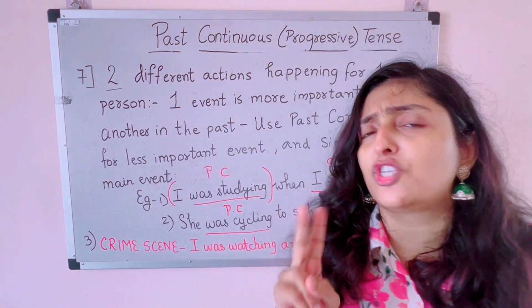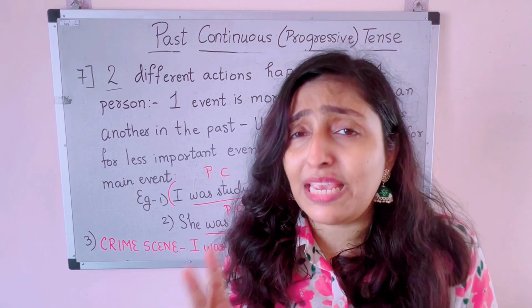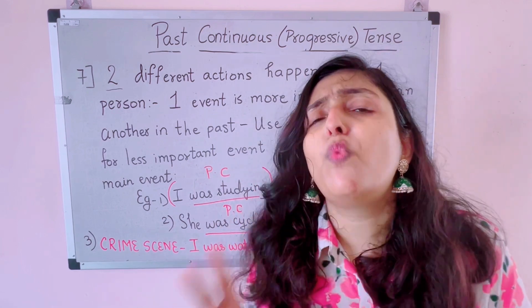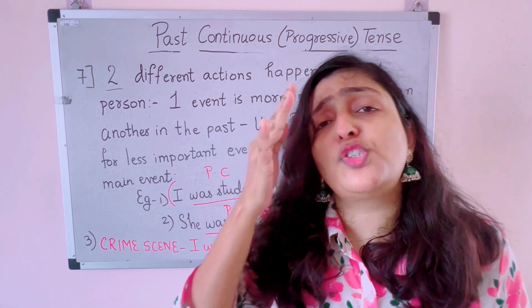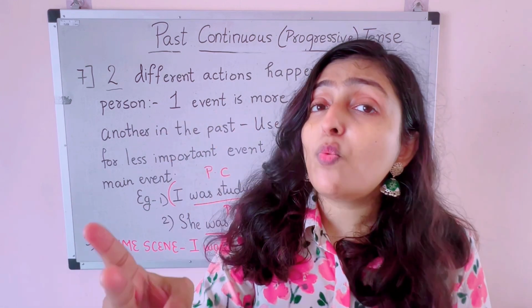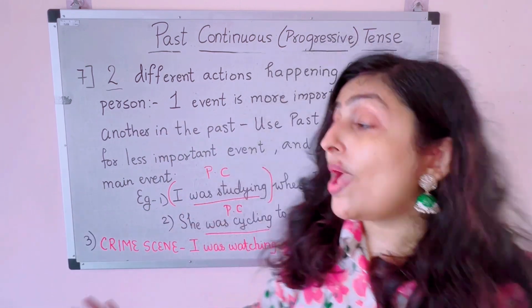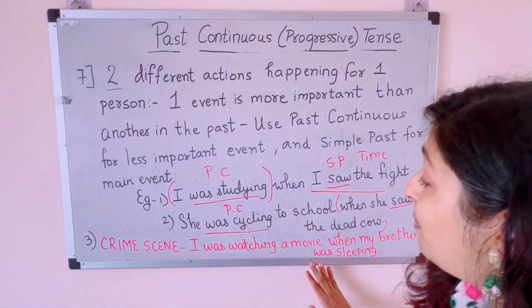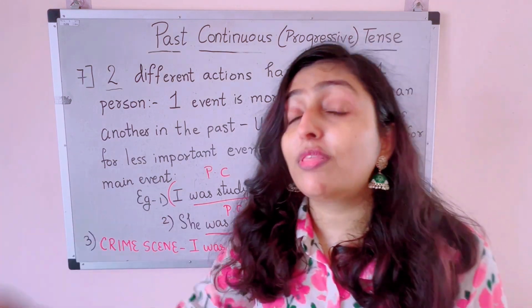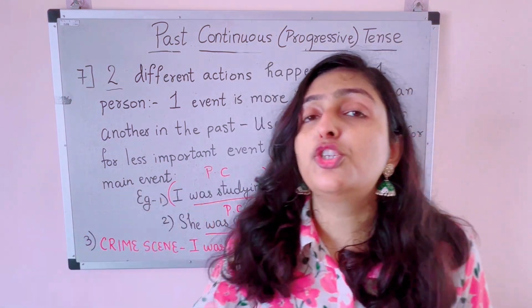There are two actions happening parallelly. Whereas in example 1 and 2, one action was finished and the other one was unfinished. Whereas in the third example, you can see both actions are happening together.